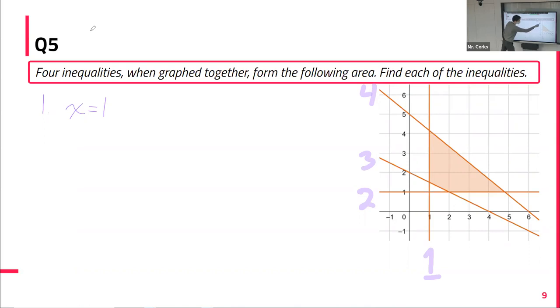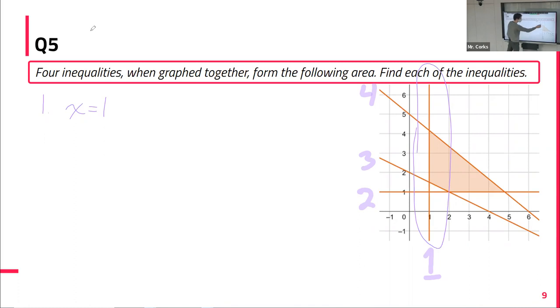So number one here, we're talking about this one here. Okay, but these are inequalities. So just like we had when doing the other direction, when graphing inequalities, 3 steps.